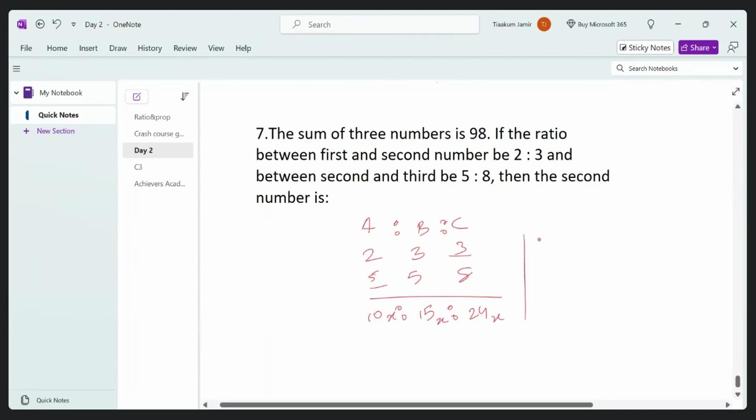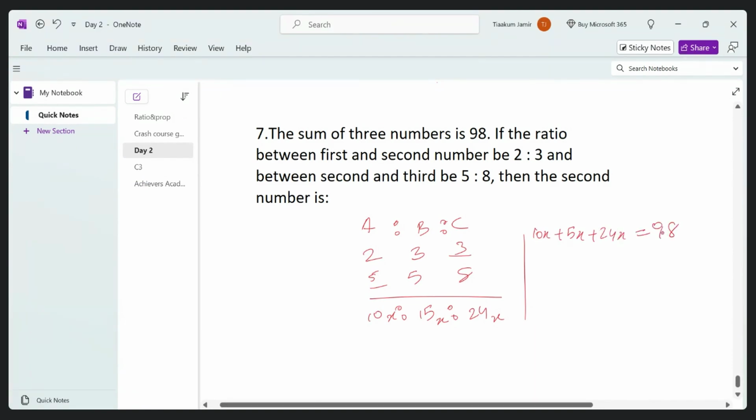Now, the average is not given, but the sum of observations is given. The sum of the three numbers means the sum of observations: 10x plus 5x plus 24x gives us 98.